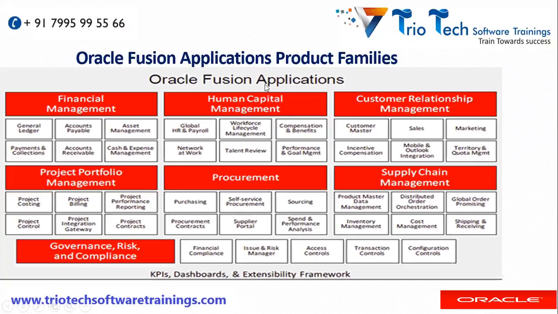Similarly, when we talk about human capital management, again, it has its own licensing, its own transactions, and its own implications. Again, talking about similar other products, all these products together are deployed on an enterprise level to cater to the needs of the whole enterprise, served on one product, one base, one application.